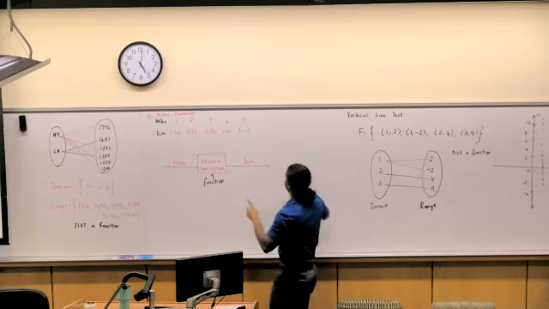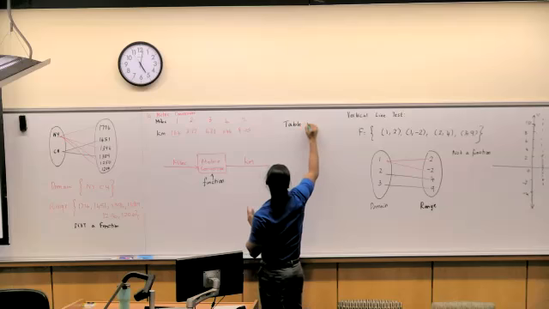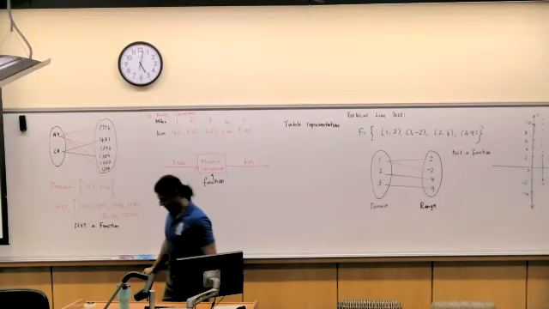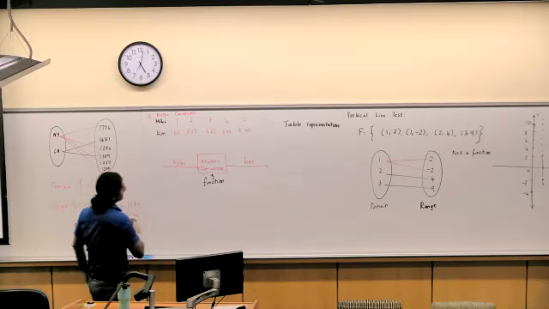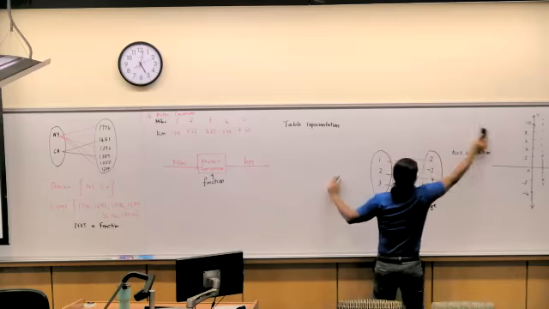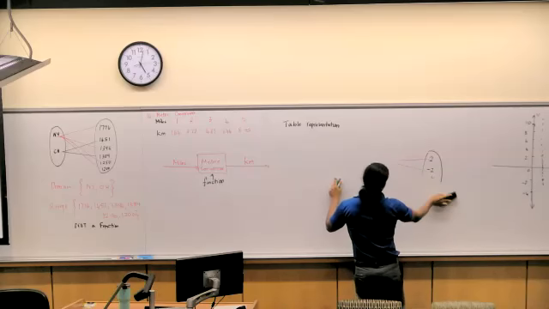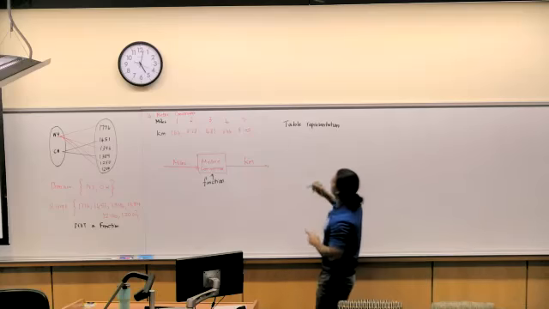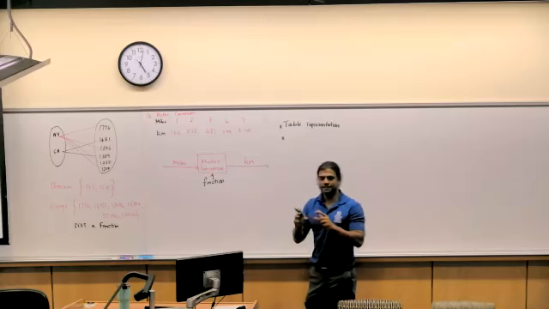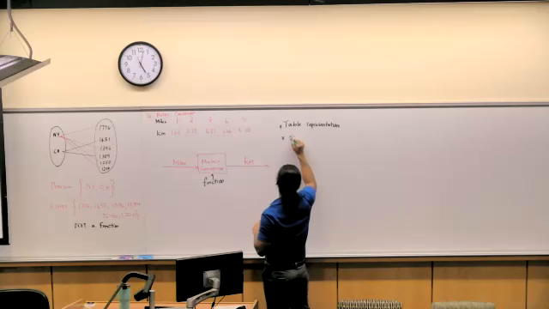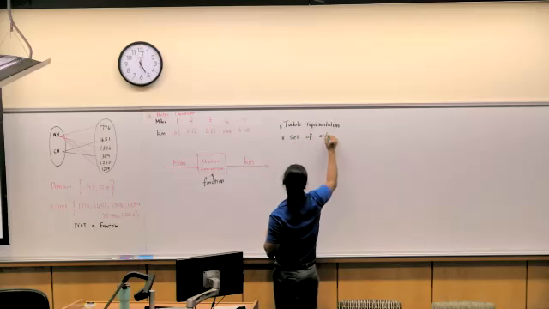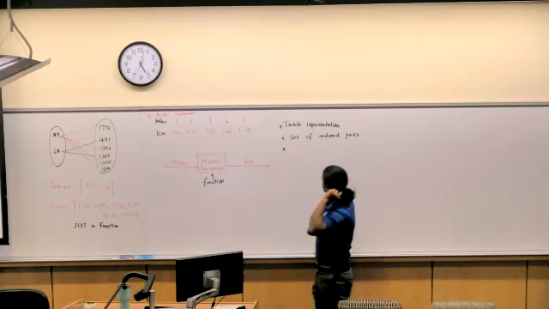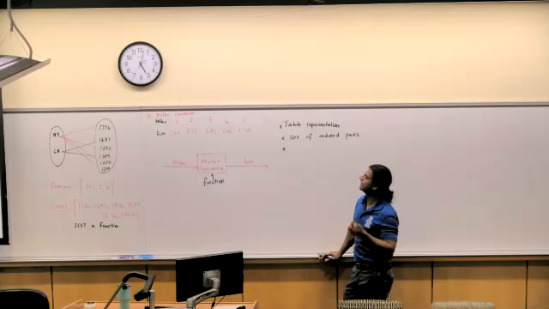So we have seen a table. For a function, we have looked at it as a set of ordered pairs. We have looked at a function as a graph.